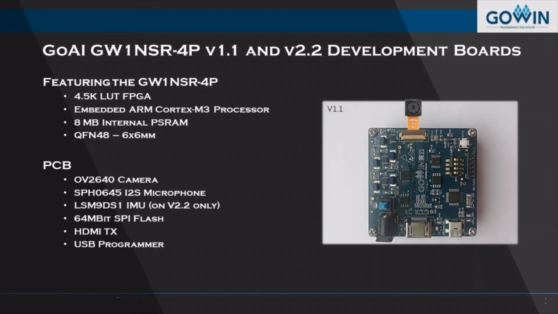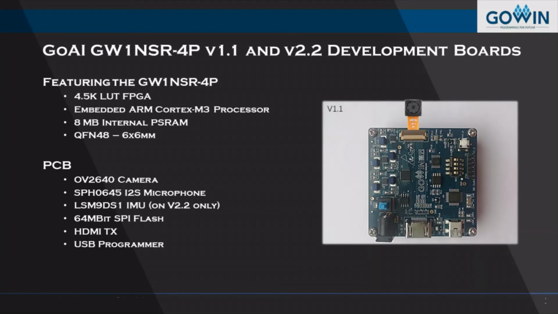The chip itself is also able to do things like MIPI CSI2 and source synchronous serial camera interfaces. It just so happens that this particular demo uses a parallel camera.